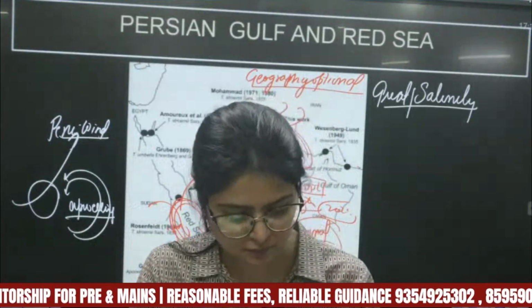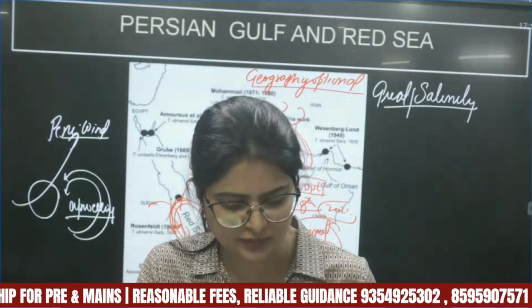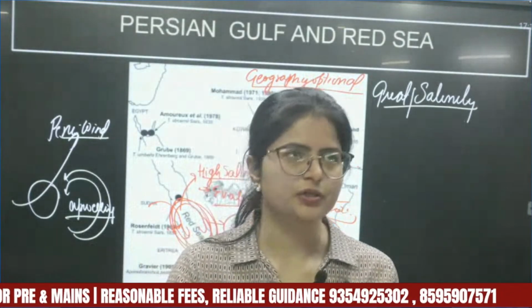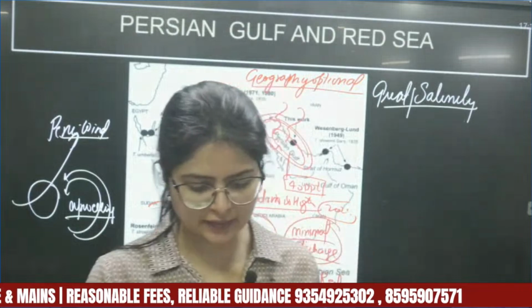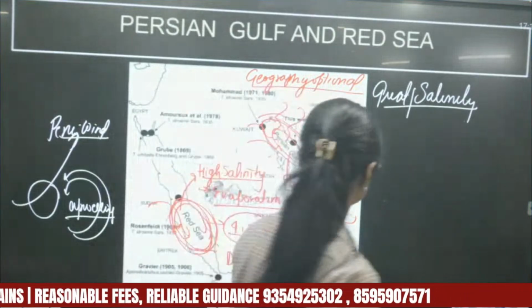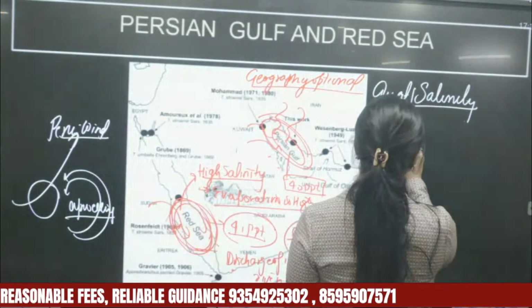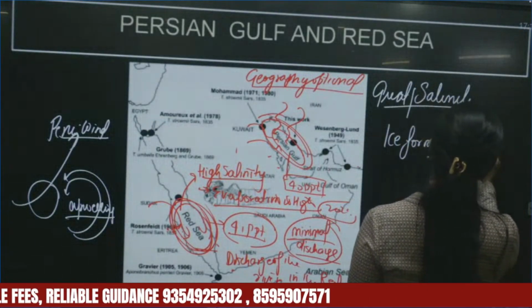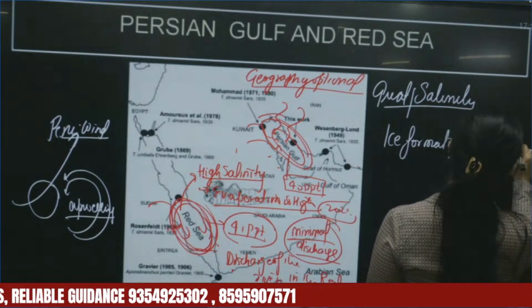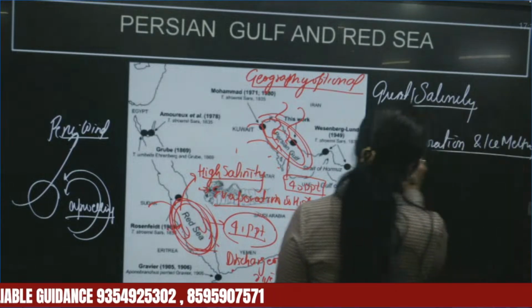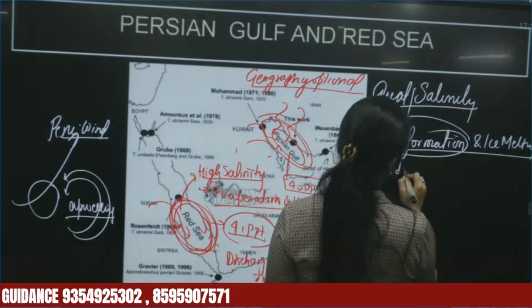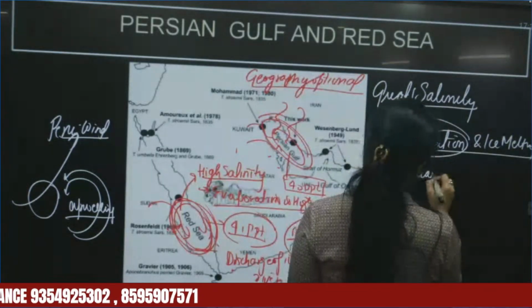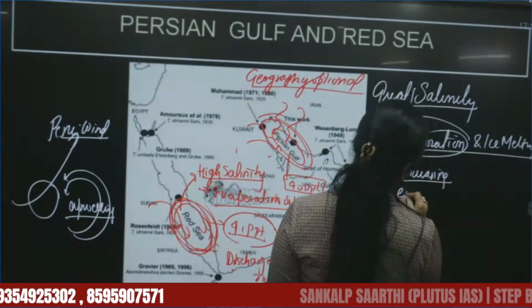Done? Now next we are going to do ice formation and melting. I have already told you how ice formation and ice melting both affect salinity. Ice formation increases the salinity in the polar region because it is expelling the salts.